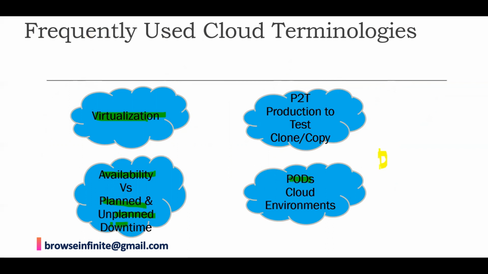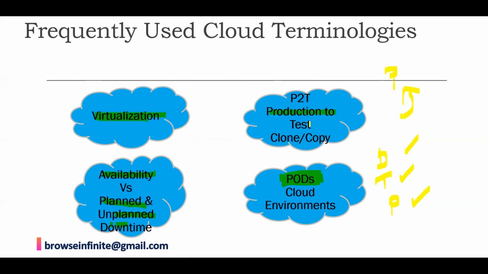We have a dev environment, a test environment, and a production environment. This is a staging environment, this is the development environment, and this is the production environment. So if somebody says PODs, don't get confused. It's a term used for talking about the cloud environment. Often the staging environment will get refreshed for us to replicate the issues in production support.